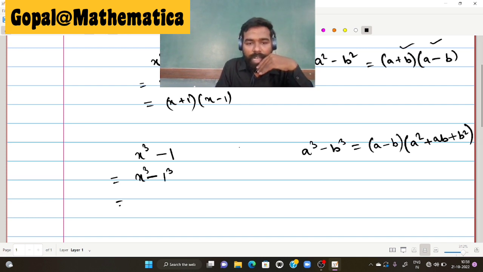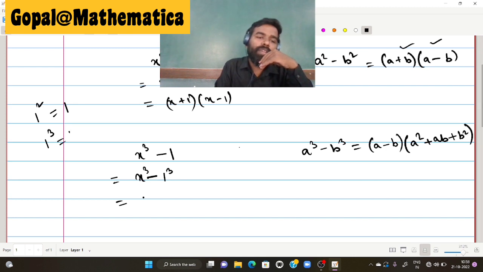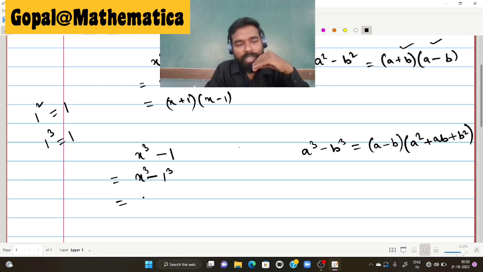So I'm writing 1 as 1 cube. Why can I write anything in the power of 1? Because 1 का power anything is always 1, because if you multiply 100 times, 1000 times, 50 times, every time you're going to get 1 only, और कुछ नहीं मिलने वाला है.